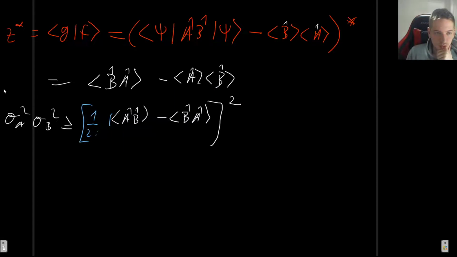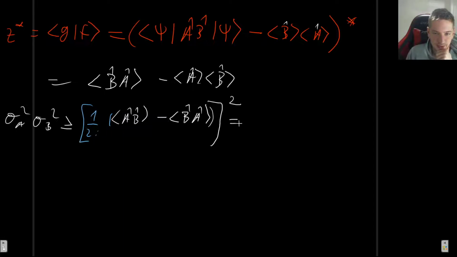So we have that this uncertainty squared is going to be greater or equal to 1 over 2i times, and let's take a look at this. We have expectation value of AB minus expectation value of BA.